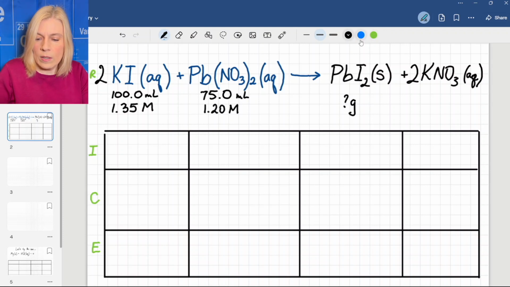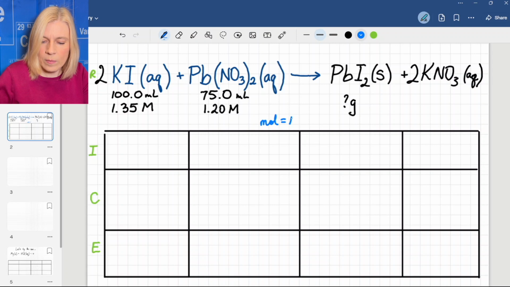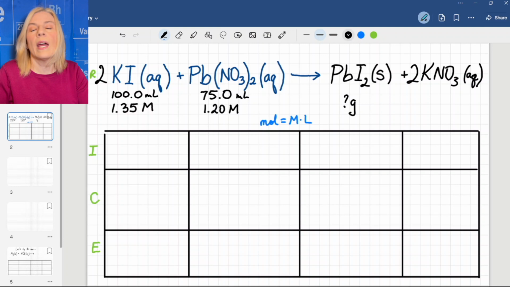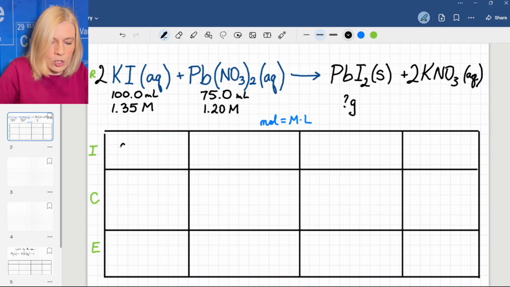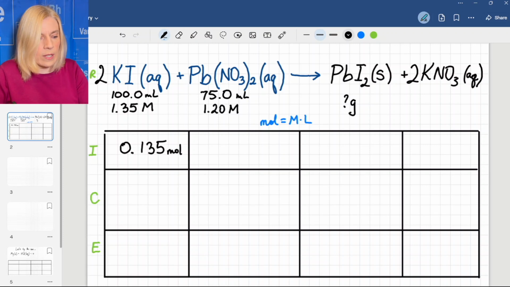Once I change things to moles, I will be good to go. So really fast, do you remember? Moles, mol, is molarity times liters. Keep that in mind. We have things in milliliters, so we will need to change them to liters. If you do 1.35 molar times 0.100 liters, we are going to have initially 0.135 moles of potassium iodide.